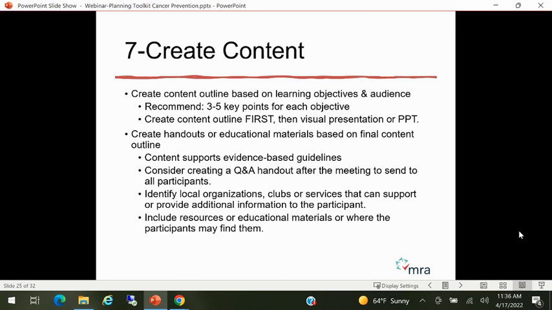Finally, in step 7, you're ready to create your content. And a story is told about Steve Jobs. Steve Jobs was very focused and very cognizant of how his presentations impacted product sales at Apple and how people perceived his products. He would literally begin planning all of his presentations or product launches 4 to 6 months in advance.